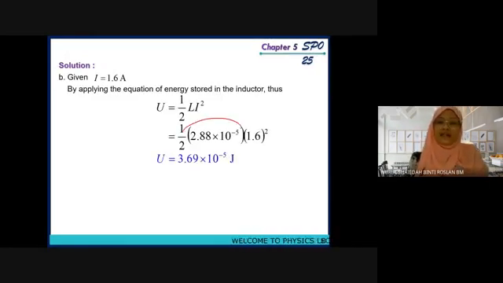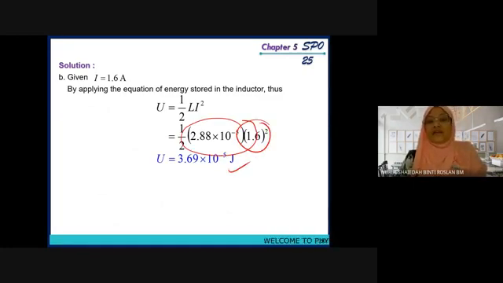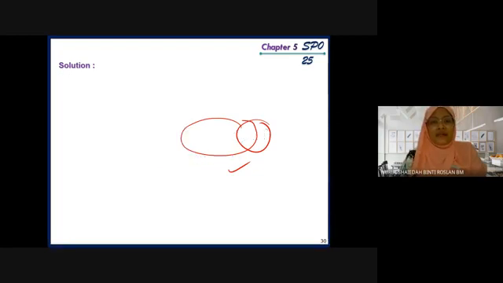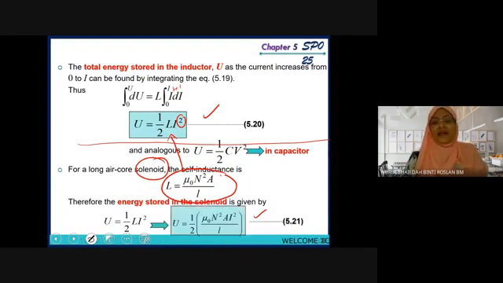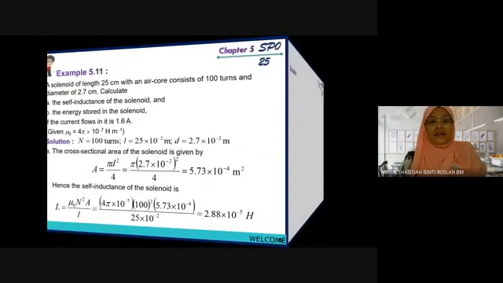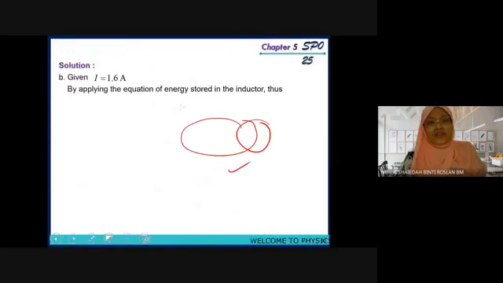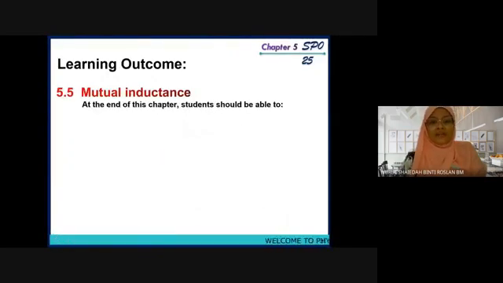L we have found, I is also given, so you will get 3.96 times 10 to the power of 5 joules. Or you can use the other formula, U equals to half mu naught N squared A I squared over L. It is just long. Because you already have L, why would you use that to find it? It wastes your time. It is not difficult, it just takes time to understand.